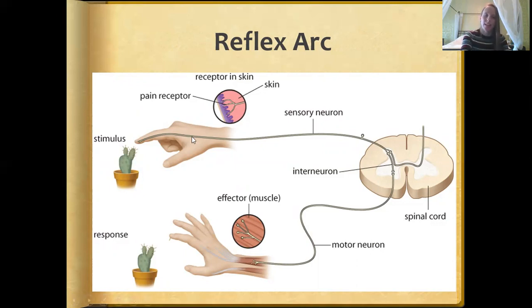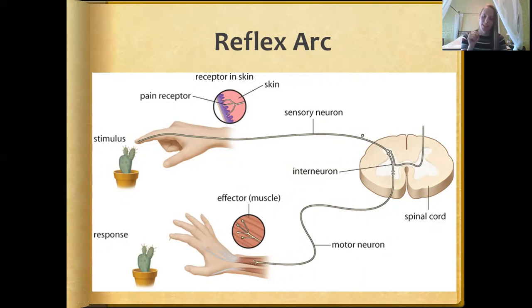It would send that information along the sensory neuron to the interneuron in the spinal cord. This is like a cross section of someone's spinal cord here. So it goes to the interneuron in the spinal cord, does not go up to the brain because it's a reflex, just goes right to the motor neuron, which then passes that information along to the effector, in this case, the skeletal muscles that can move your arm away.